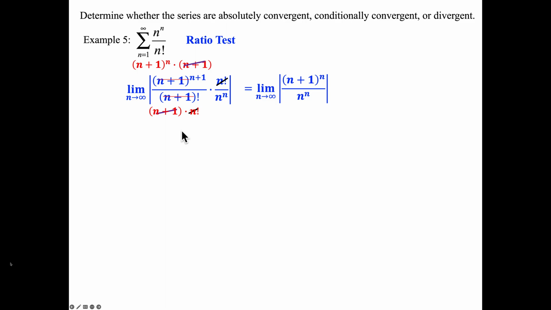Rewrite our limit as the absolute value of n plus 1 to the nth power over n to the nth power. But here, we can rewrite this since they're both to the nth power. Again, we don't need absolute value bars because we are starting at 1, heading towards infinity, so everything is going to be positive here. But I'm going to write this fraction all to the nth power.